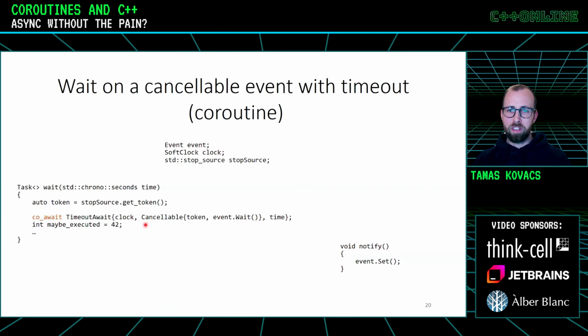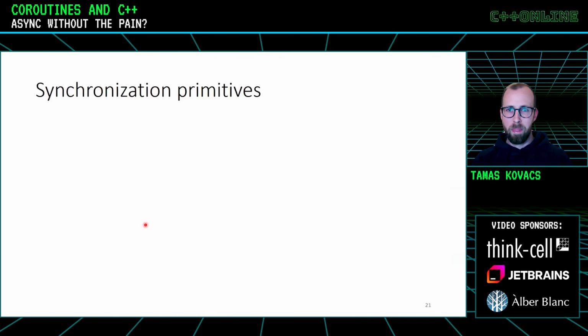The event wait doesn't know anything about cancellation or timeout, and the timeout doesn't know anything about cancellation or event. But we don't have to stop here. We could re-implement all the synchronization primitives. The key point is, if we have to wait, we can use coroutines.